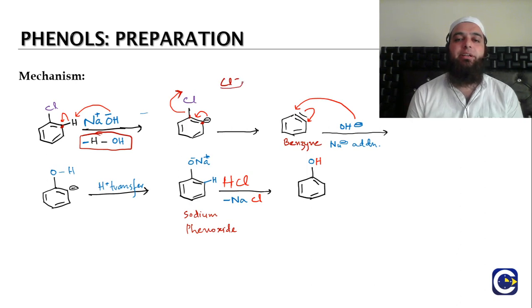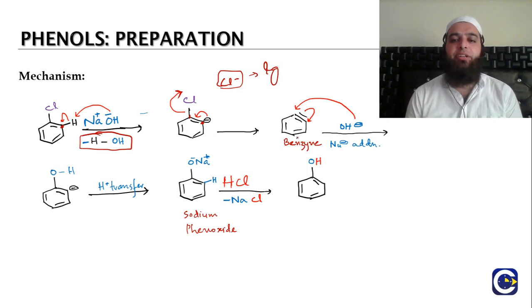As a result we get a strange intermediate in the reaction, called benzyne. Why do we use this name, benzyne? It is not an alkyne, but it resembles an alkyne by having this triple bond. So in this reaction we are getting the benzyne intermediate.